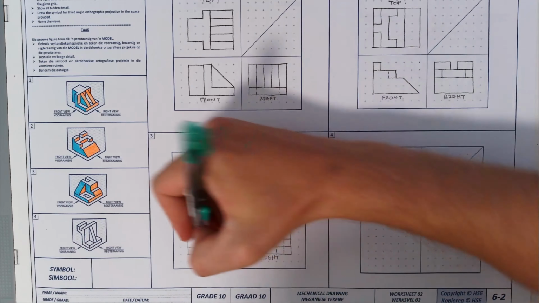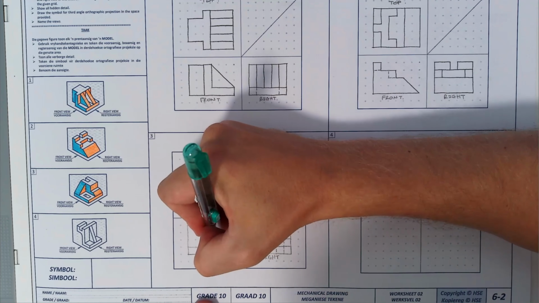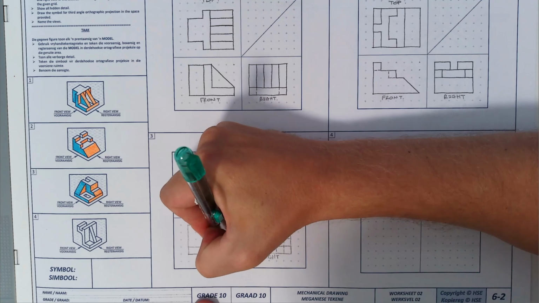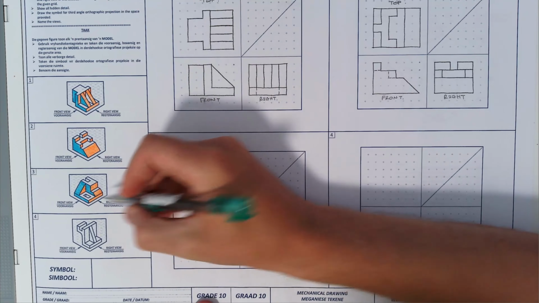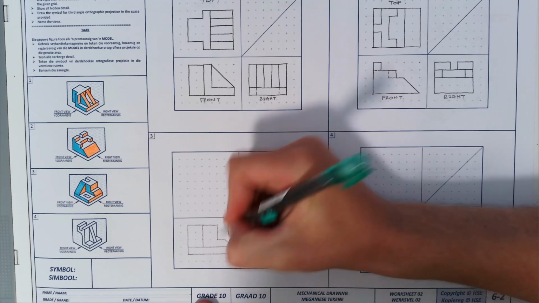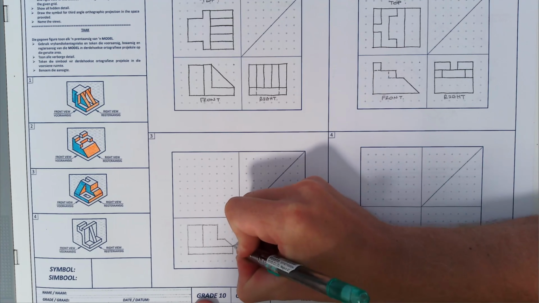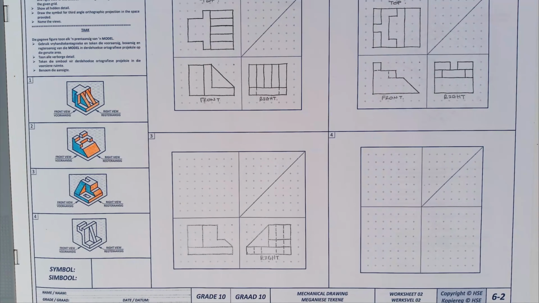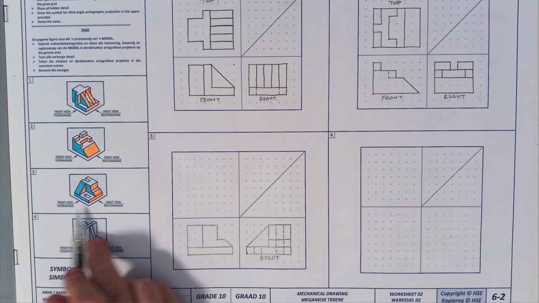One to the right. And then we connect that point to that point from there to there. Close it over here. There we go. That is everything on the front view.